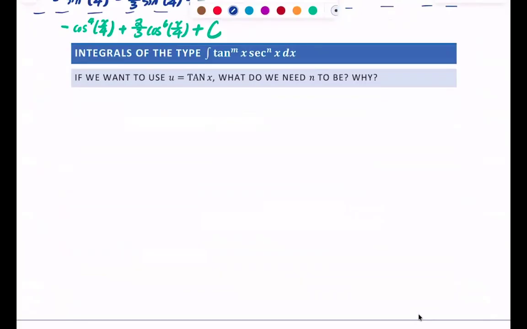Okay, so if I want to do tangent sub, right? And what's du then? Secant squared, good. Because we always think about du right away.